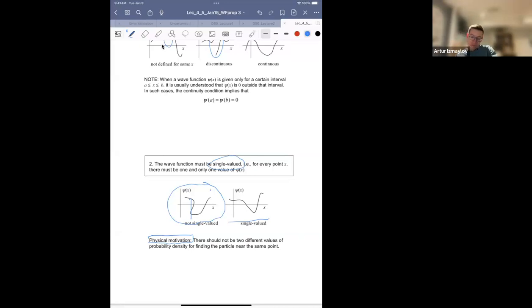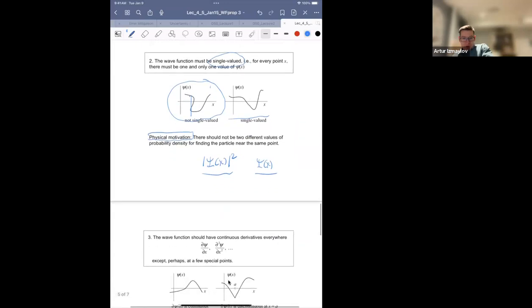Well, if you have a probability density which is psi of x absolute square, and the function itself is psi of x, can you have a situation where this is single valued and this is not single valued? All right, I'll leave this as homework. It'll be fun to consider.